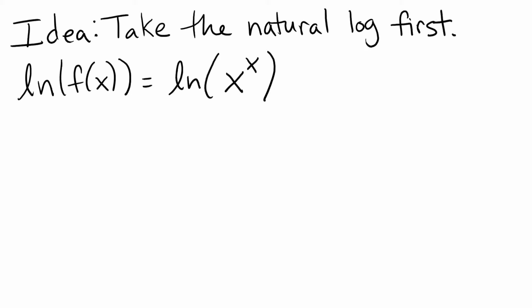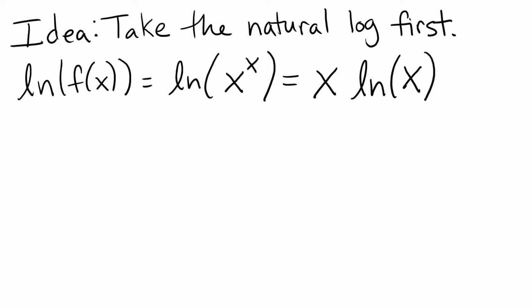We have a log rule which tells us what to do when the thing inside the natural log is an exponent. When the thing inside has a base and an exponent, the exponent comes outside, and we just get the natural log of the base. So here, for our function, ln of f is x times ln of x.